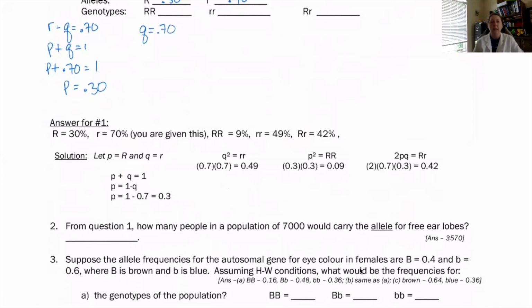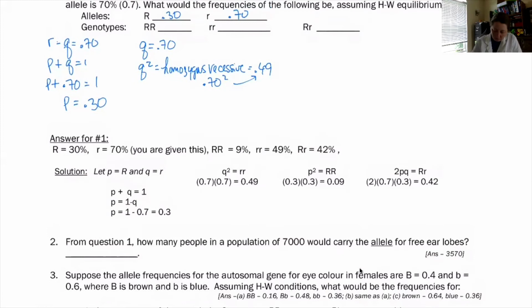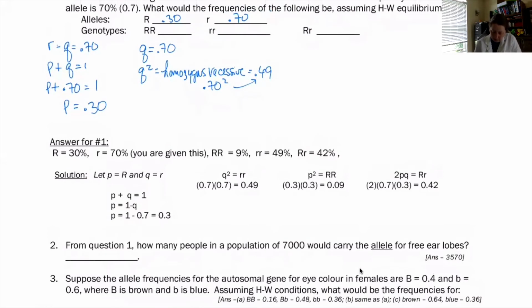So based on this information, I should be able to figure out q squared, which is the frequency of my homozygous recessive, must be 0.49. So all I have to do is take my 0.70 and square it, and I get my 0.49. So I'm going to go ahead and put that up there. So my homozygous recessive, so that's little r, is 0.49.